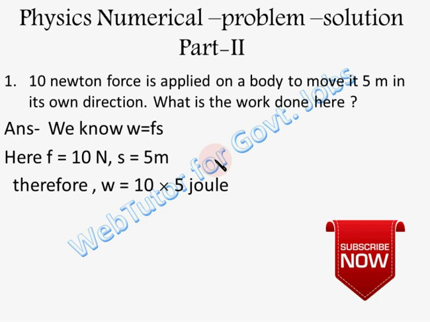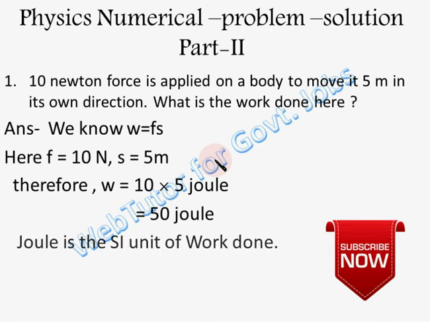The CGS unit of work done is erg. And one thing to remember about these units, 1 joule is equal to 10 to the power 7 erg. Therefore, the answer is surely 50 joule, and joule is the SI unit of work done. Fair enough. बहुत ही आसान है, simple math.